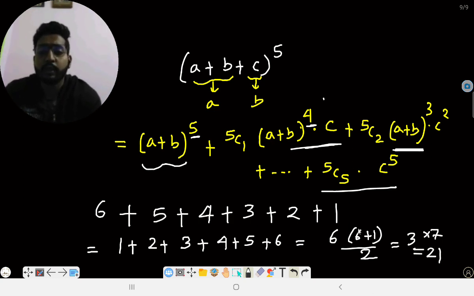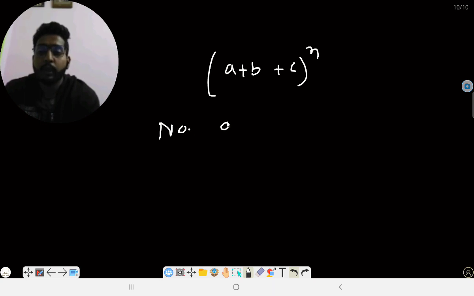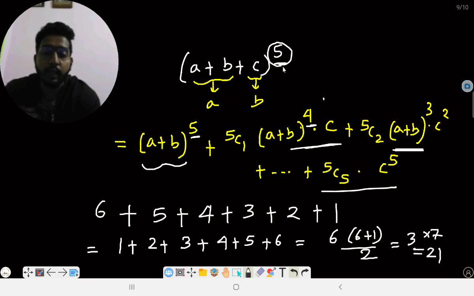Now we can see, if there are 3 terms here, (a plus b plus c) whole to the power 5, and the power is n, what will be the formula for the number of terms of (a plus b plus c) whole to the power n? We can guess from this one. Look, the highest power here is 5, so we are getting 6 into (6 plus 1).